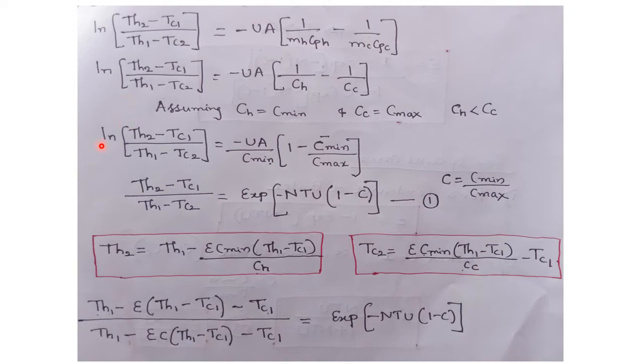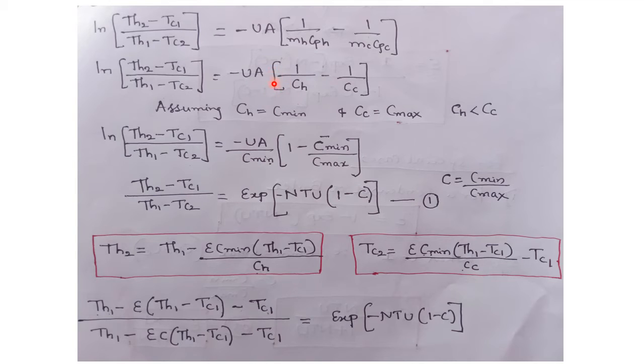The same equation I will write here: log of (Th2 minus Tc1) divided by (Th1 minus Tc2) is equal to minus U into A. Here I have taken 1 divided by Ch as common, as we did in the previous effectiveness derivation for parallel flow heat exchanger.